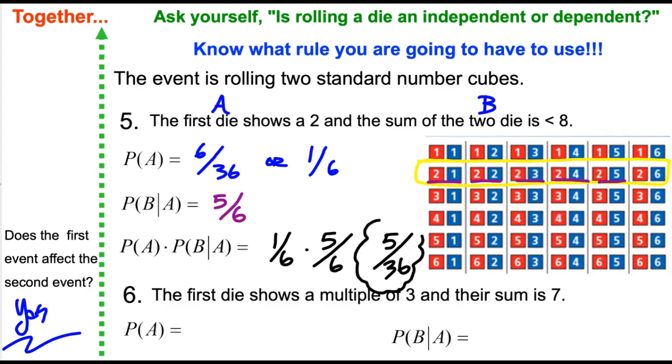And like I told you earlier, sometimes if the sample space is simple enough, you can just look at the sample space and go, yep, there's the 5 cases for when that happens, right? Out of all the possible 36 outcomes.